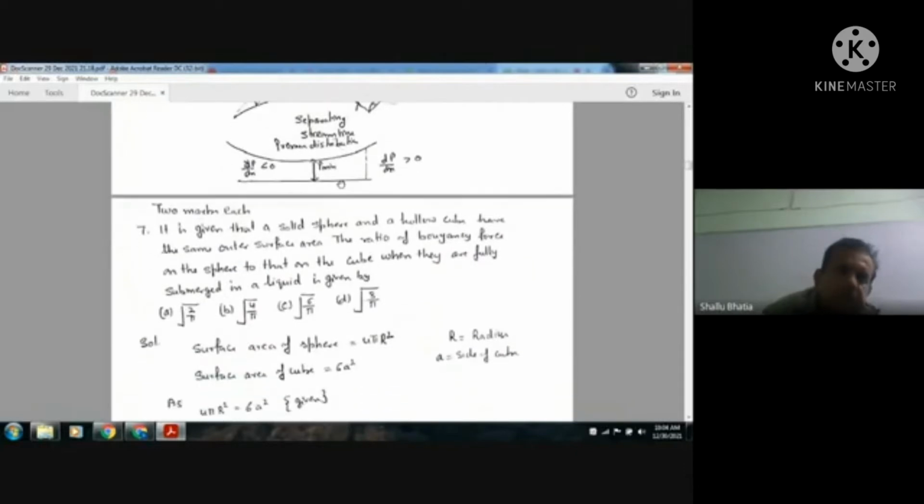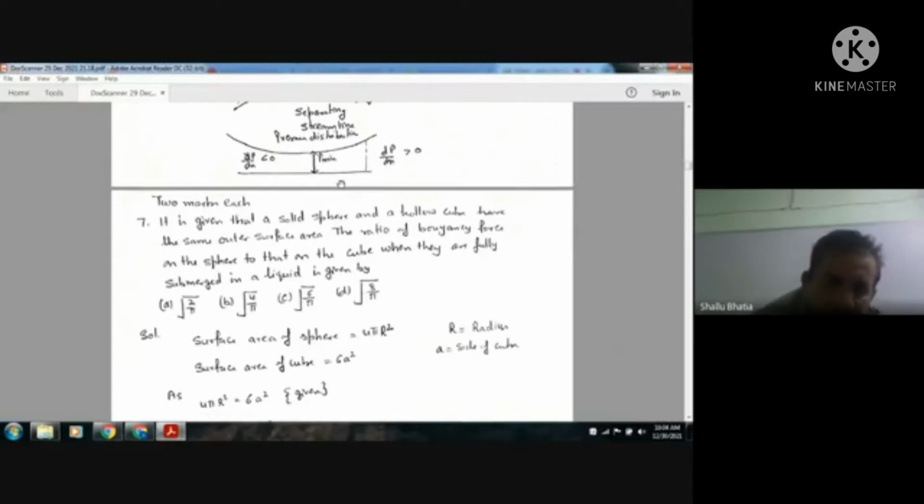Next, 2 marks question. Question number 7. It is given that a solid sphere and a hollow cube have the same outer surface area. The ratio of buoyancy force on the sphere to that on the cube when they are fully submerged in the liquid is given by.